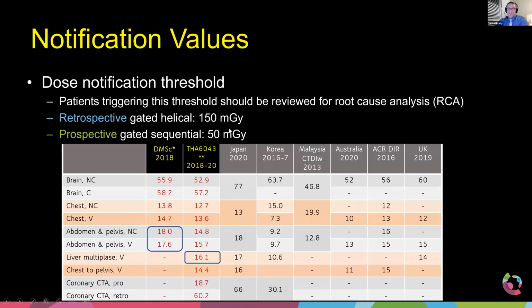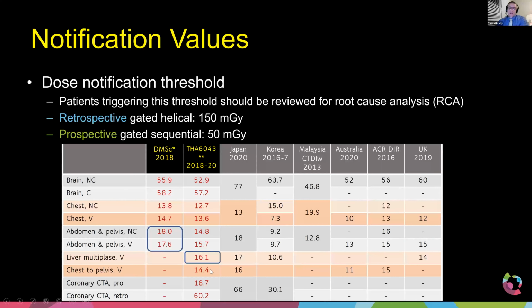And for prospective, it's roughly 50. So these are just values where you would set on your dose monitoring software to just determine how the acquisition of that particular patient compares. So it's not a diagnostic reference level, but it's an internal hospital value.